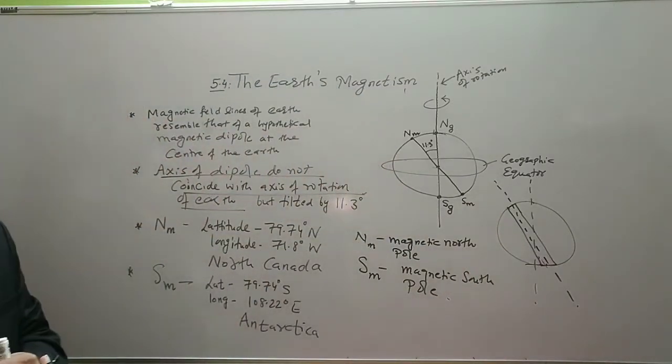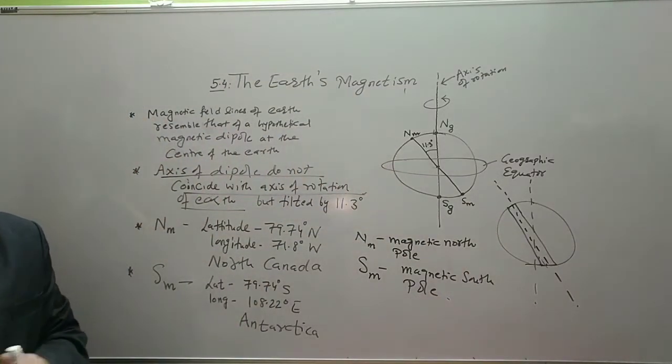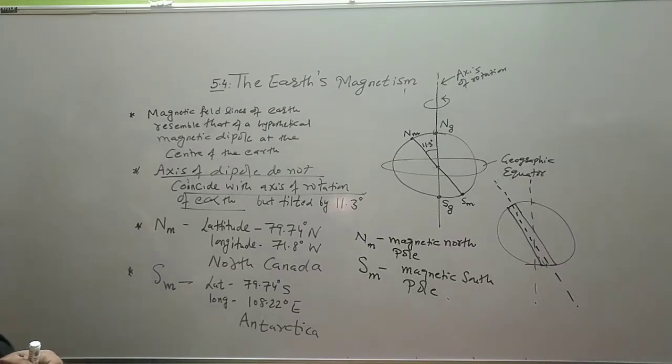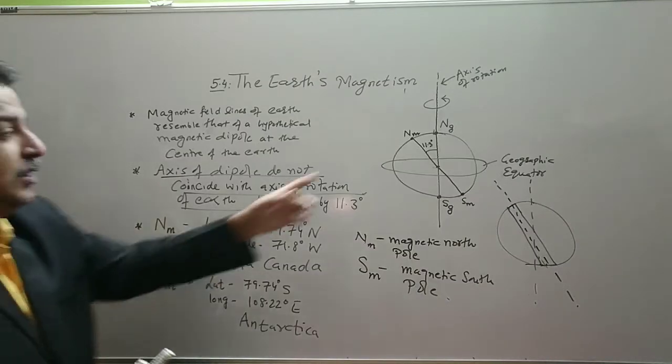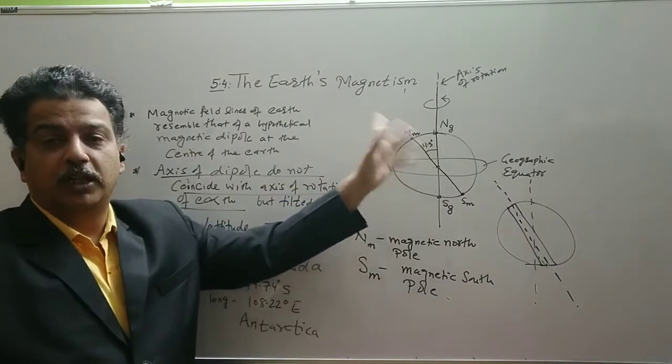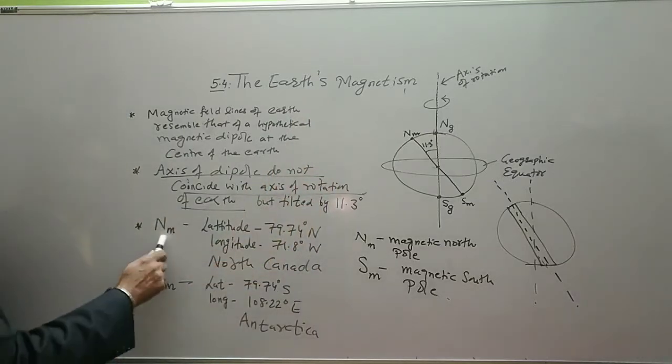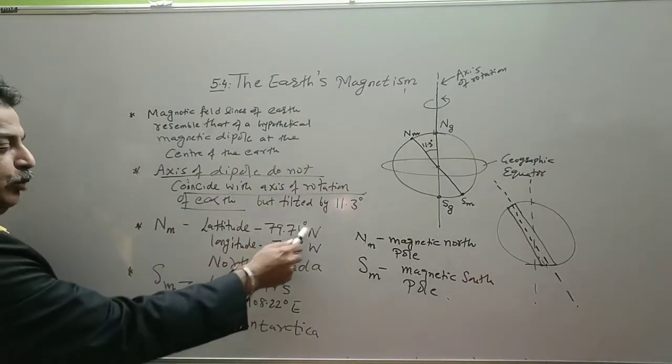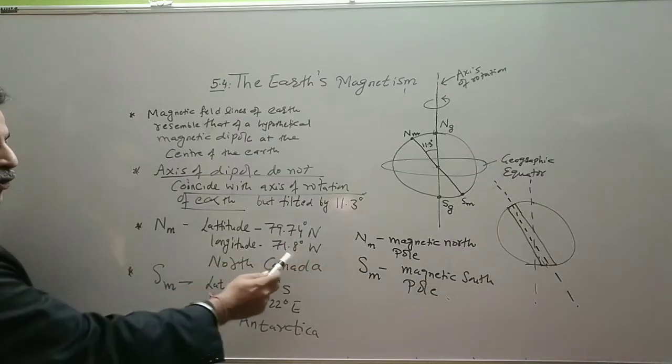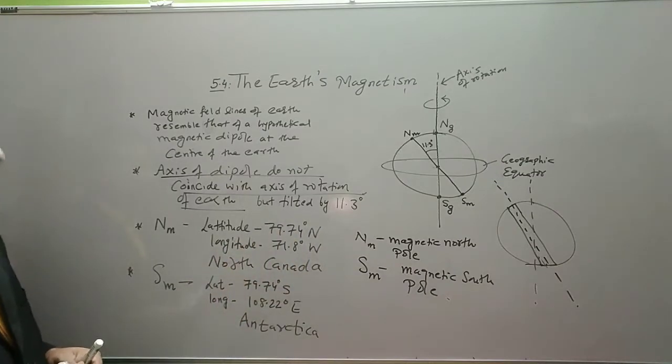However, the behavior is quite different. Now, if it is a bar magnet, we know that the field lines originate, okay, let us say where this point, the magnetic North Pole, is found. The magnetic North Pole is found at latitude 79.74 degrees north and longitude 71.8 degrees west.